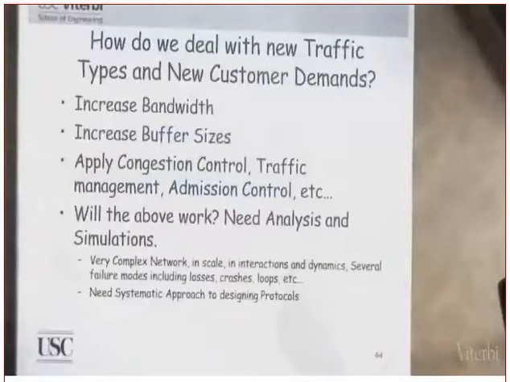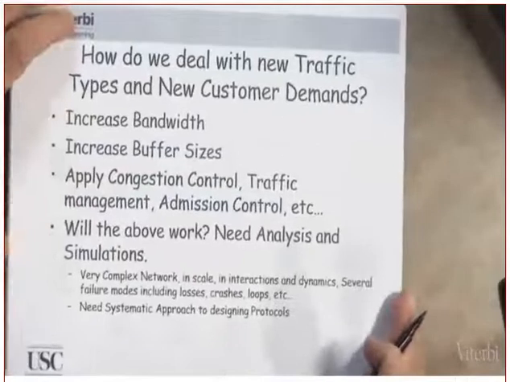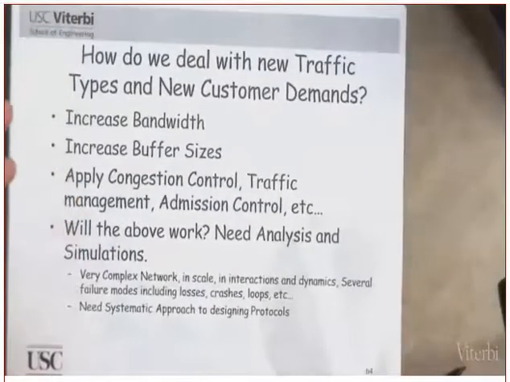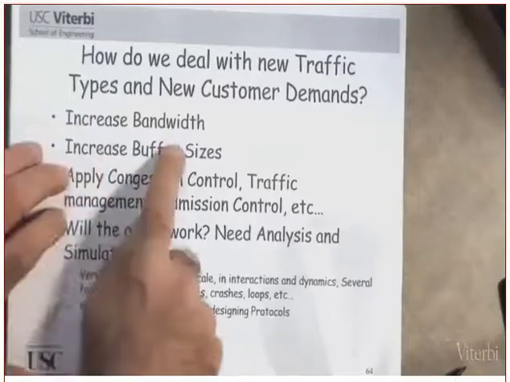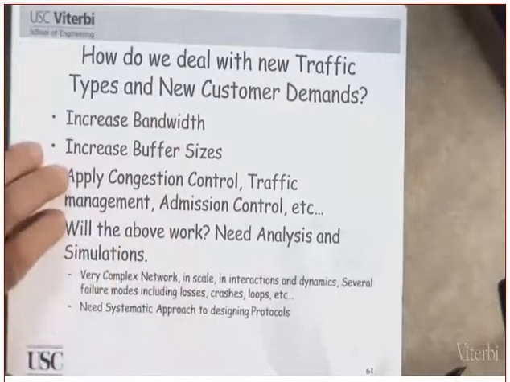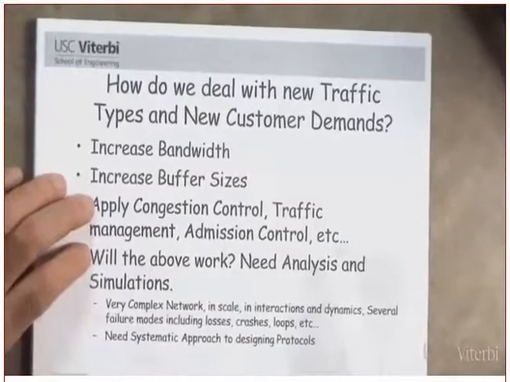Now, how do we deal with this new traffic? The easy way out. Easy way out means, if you have a problem and you want to solve it very quickly, you just increase the bandwidth. What results when you increase the bandwidth? The throughput, first of all, will go up. The delay will go down.